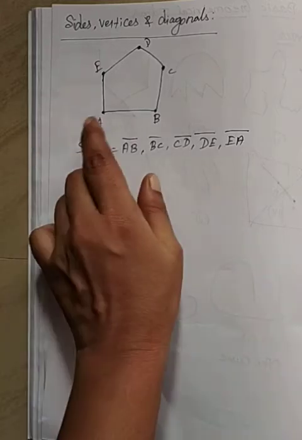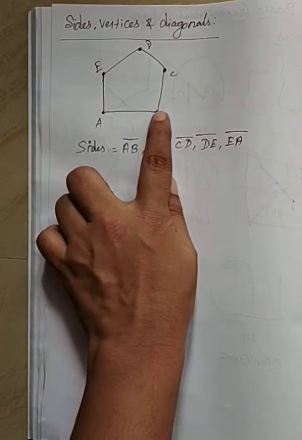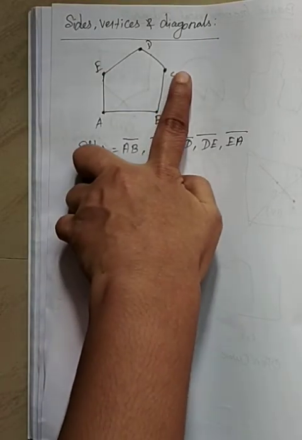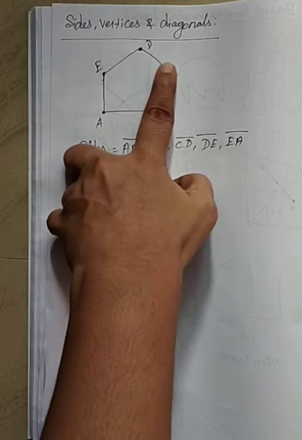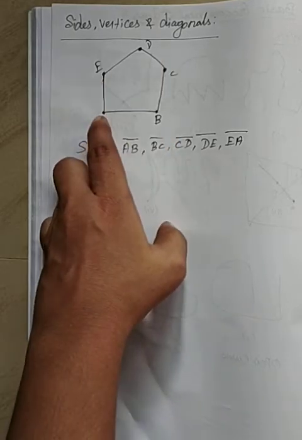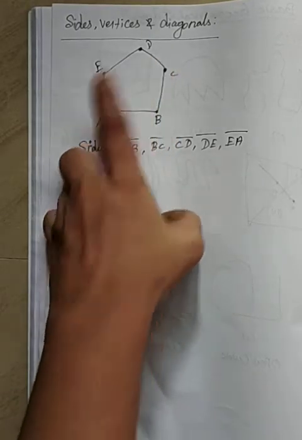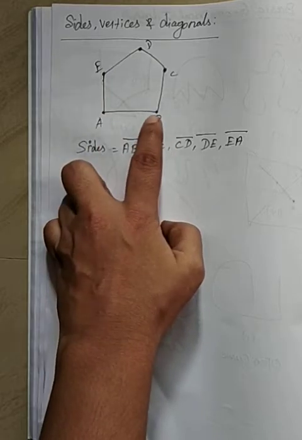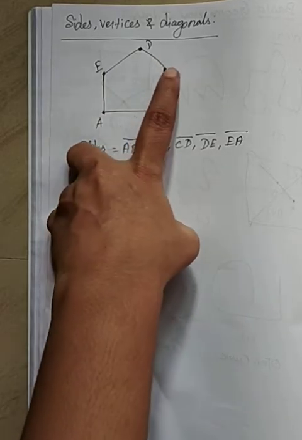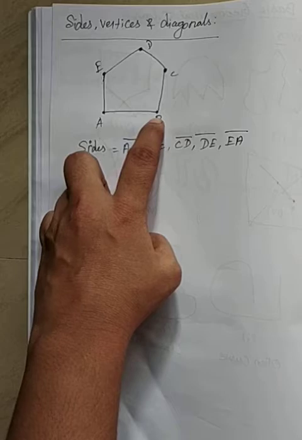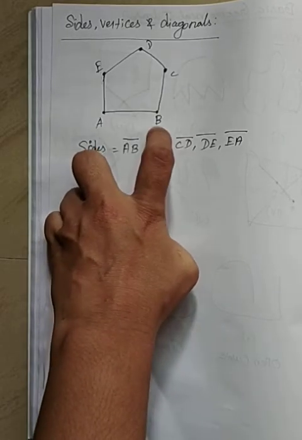Take AB and BC. These two are adjacent. In AB, B is the end point, and in CB, B is the end point. So these two are called adjacent.